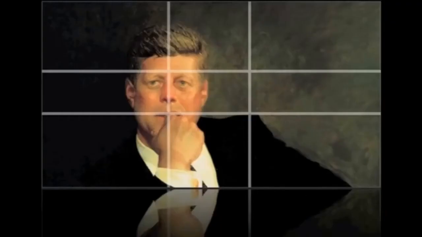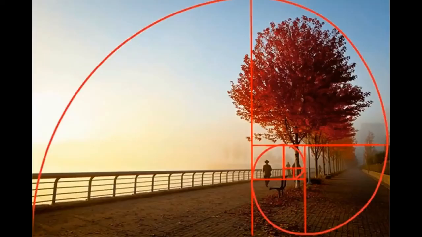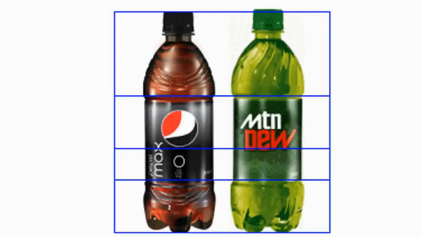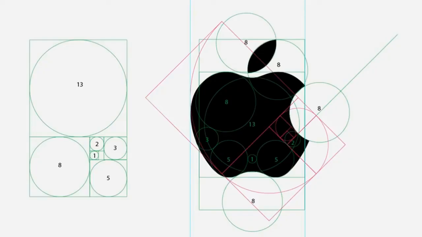And by the way, the golden ratio is one of the reasons artists don't like to line everything up in the center. But you don't have to go to Greece or to the Louvre to appreciate the golden ratio in human design. I mean, just look around your house or go to the grocery store. The golden ratio is used in product design, logos, and in branding all the time.